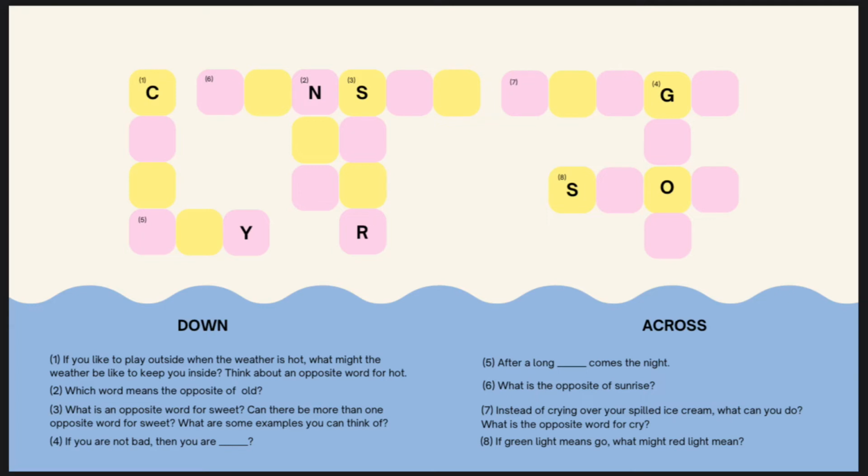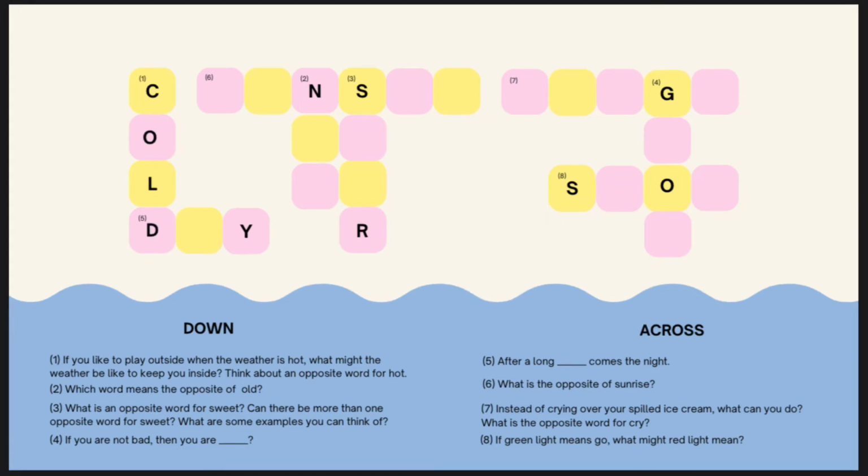Alright, let's start with the first clue of the down words. If you like to play outside when the weather is hot, what might the weather be like to keep you inside? Think about an opposite word for hot. Another clue shows that the word has 4 letters and starts with C. First bingo for you.